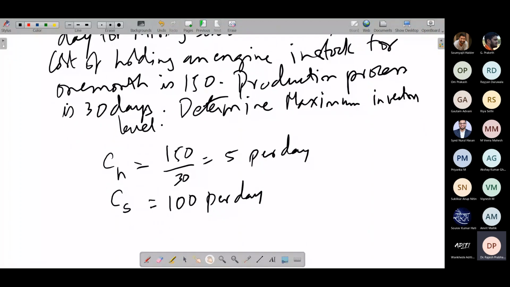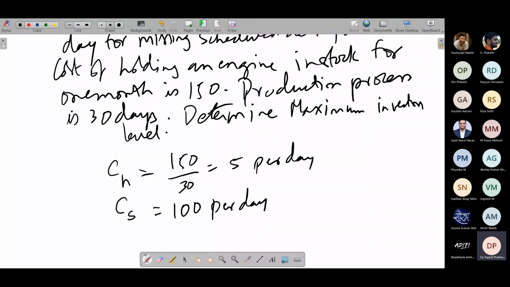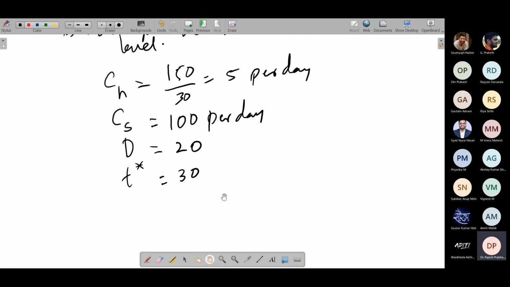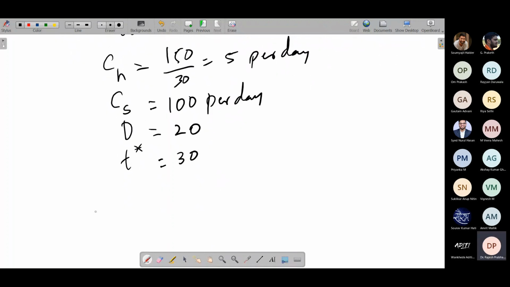Cost of shortage is 100 per day. Demand is 20 and the time T star is 30. Now we have to find the maximum inventory level, which is M star, using this data.